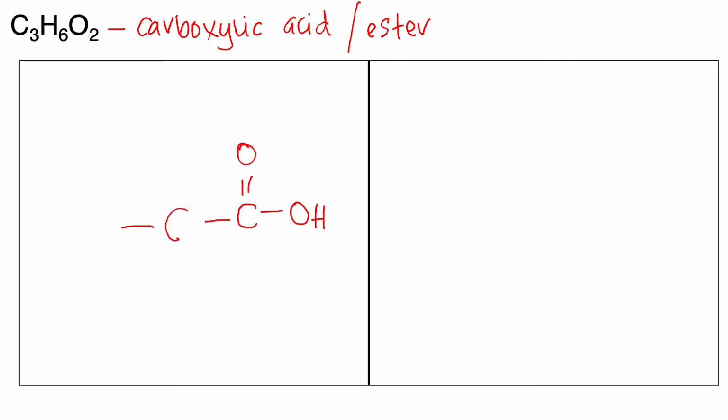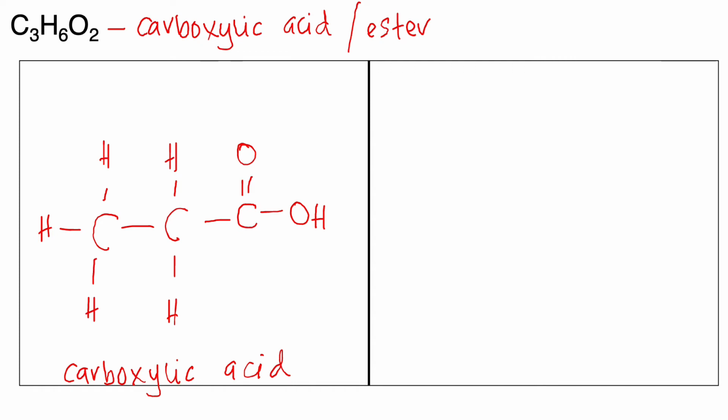Okay. C. Distribute the H. So kita ada satu H. 2, 3, 4, 5, 6. Okay, so this is carboxylic acid.